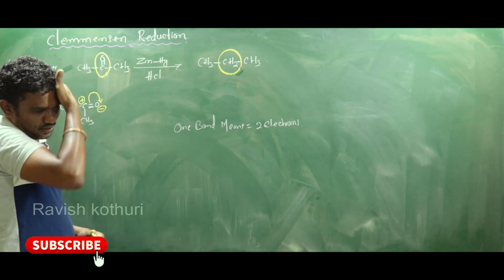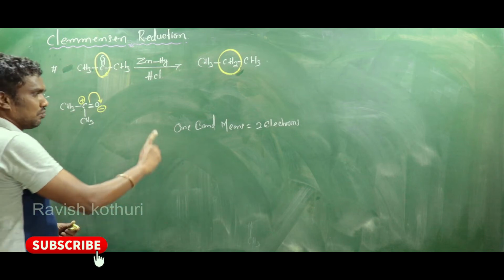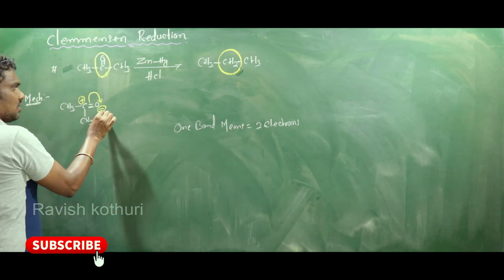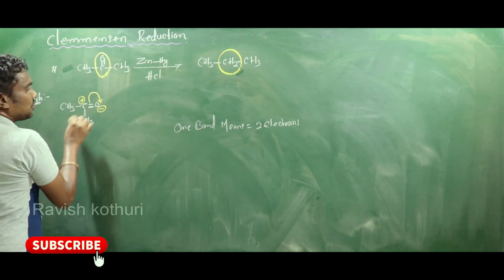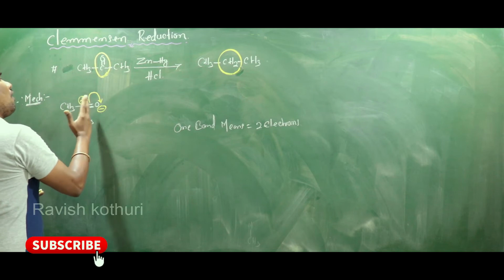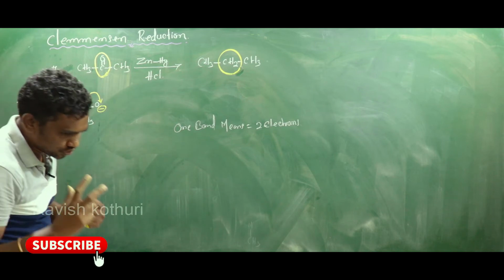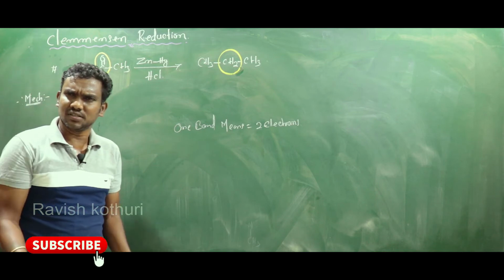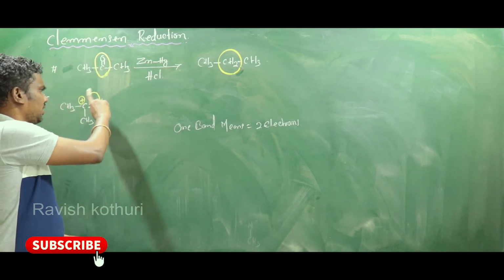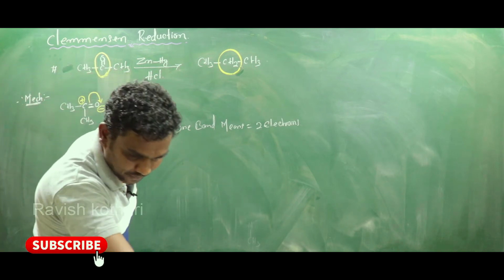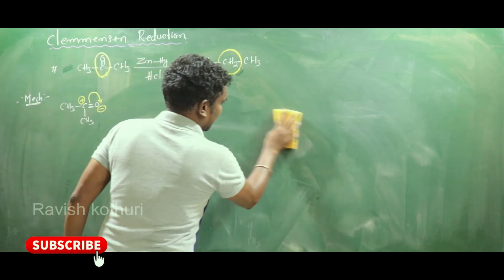Once again I repeat. Here observe carefully, my dears. One bond means two electrons. So when heterolytic cleavage takes place, the two electrons shift towards the oxygen side and on the opposite side positive charge will come, my dears. So in simple language, heterolytic cleavage takes place, oxygen gets negative charge, carbon gets positive charge. That's all, right?